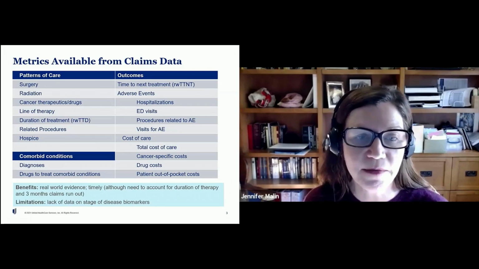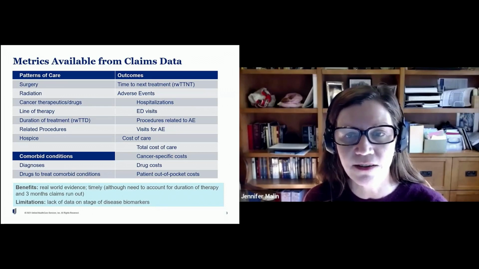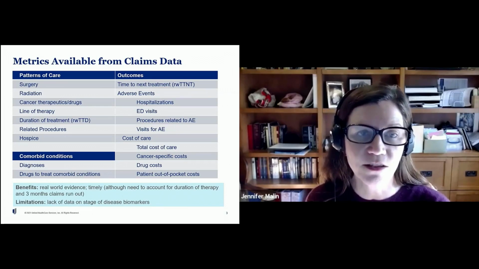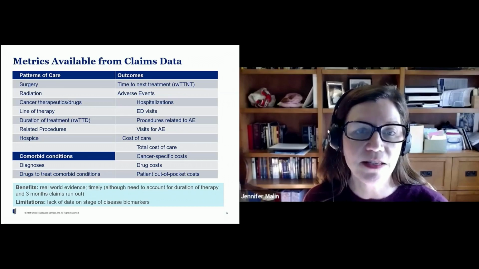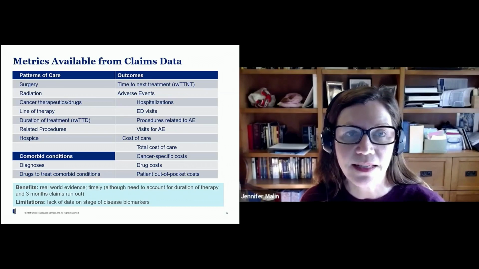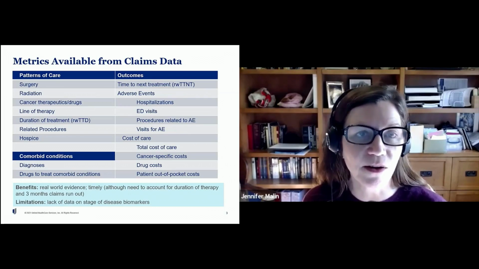And that's somewhat limited in not having the types of clinical detail that you get from electronic health records or from the cancer registry. However, there is still a number of outcomes that can be assessed depending on the cancer type and the clinical scenario.